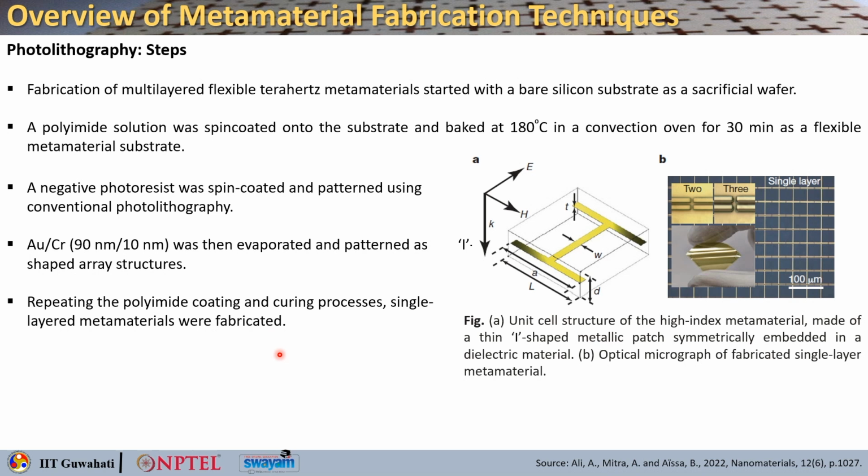Then you repeat the polyimide coating and curing processes, and you can end up making these single layered metamaterials. The curing process, as I mentioned, hardens or toughens through a chemical reaction or a physical action, resulting in a more stable substance.